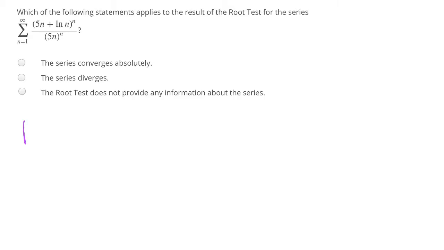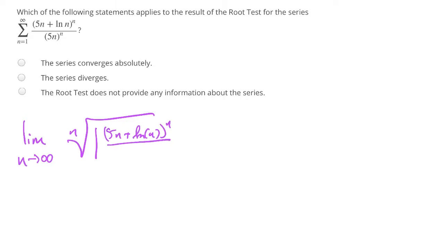So we want to look at the limit as n goes off to infinity of the nth root of the absolute value of our nth term. So we have (5n plus the natural log of n) raised to the n power divided by (5n) raised to the n power.